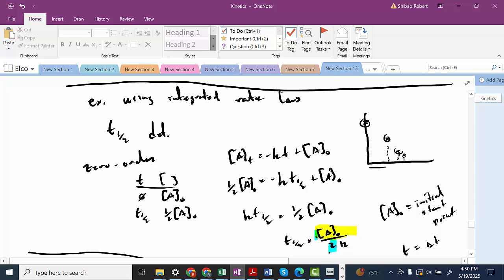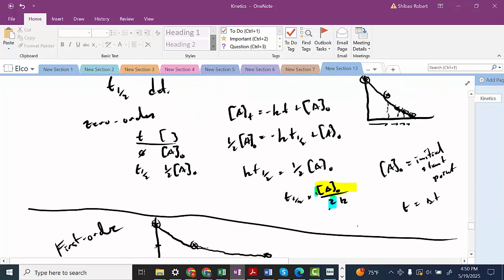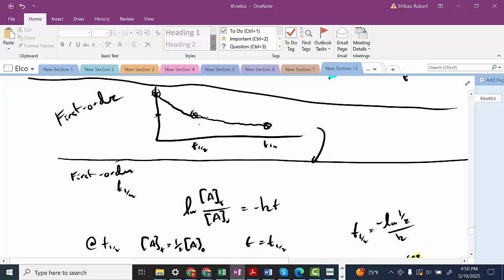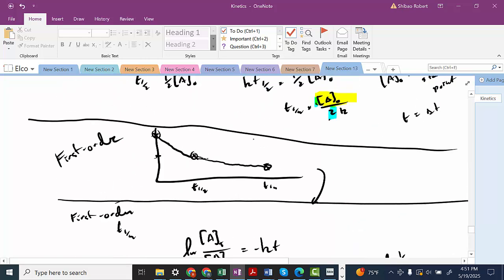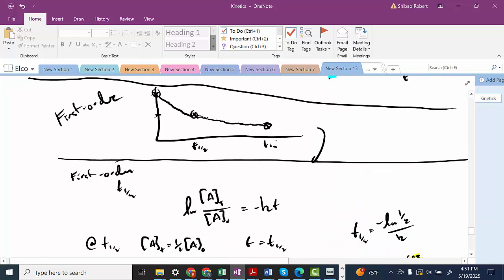So these successive t1/2s are going to be half as long each successive time, and we end up with a linear plot like this. Not the greatest one. Over here, for first order, it's just a fixed t1/2, so we all get the same t1/2.